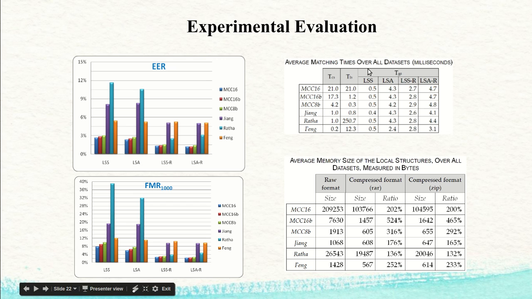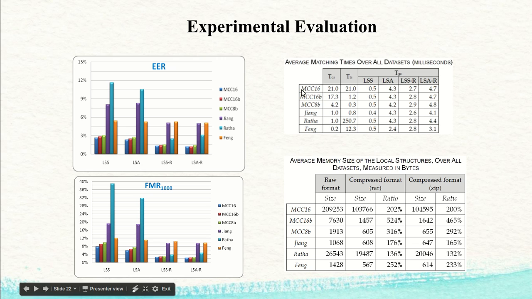Now for MCC 16, MCC 16B, MCC 8B, we can see the times are higher than Jiang, Ratha, Feng. And the interesting part is that for any algorithm, the LSS technique takes less time as compared to LSSR.